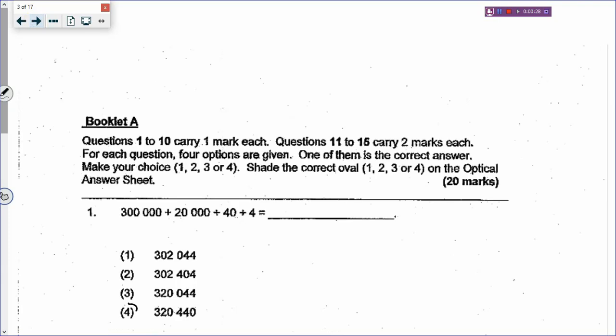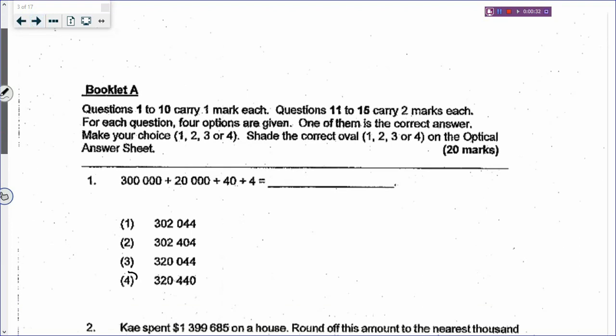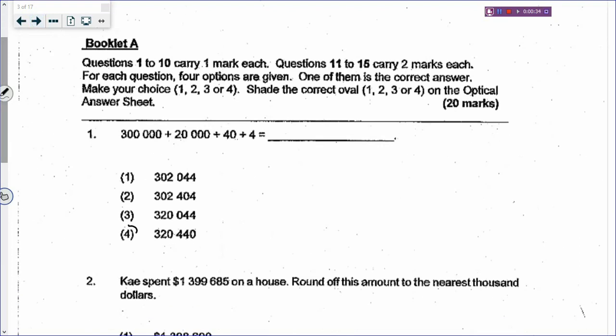Every question that we look at, we will spend some time to understand the concept and also how to solve. Now question 1, you have 300,000 plus 20,000 plus 40 plus 4. It is very easy to do this question, but it can also be very easy to make a mistake. So I will always write down the workings: 300,000 plus 20,000 plus 40 plus 4.